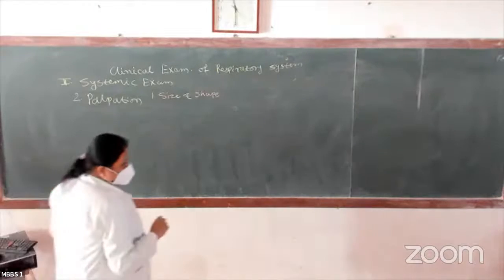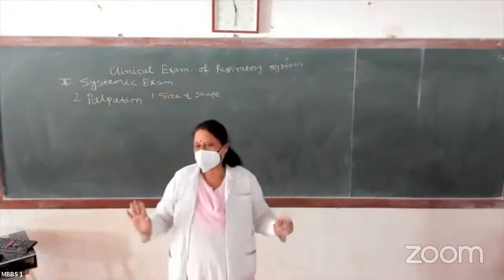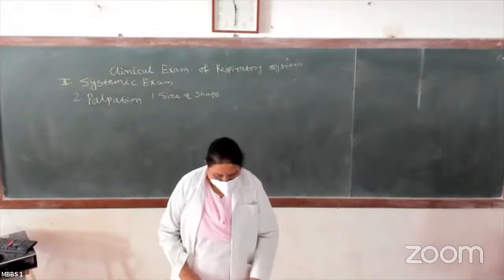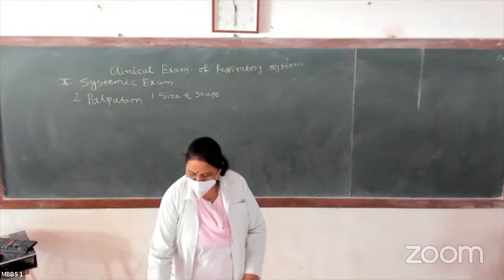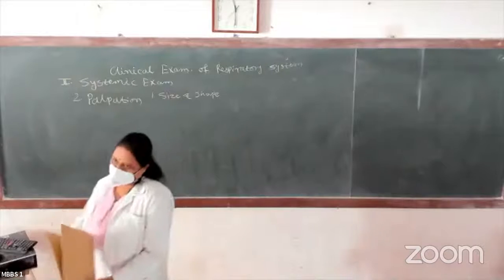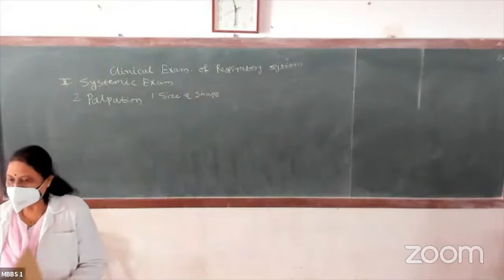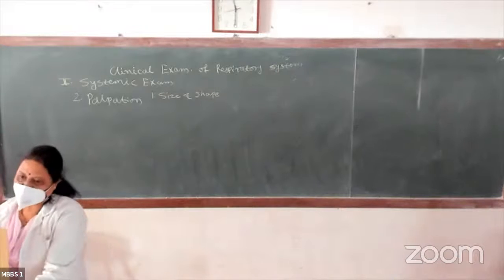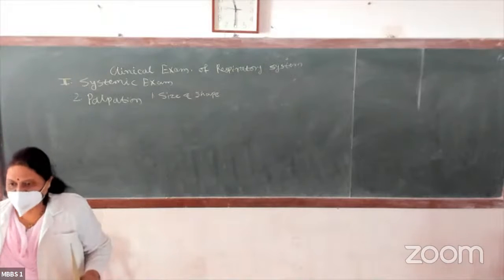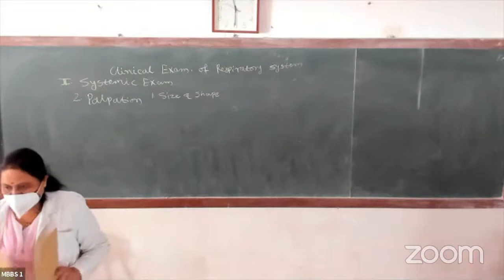Size and shape: now you confirm that the transverse diameter is more than the anteroposterior diameter. How to confirm it? You measure the anteroposterior diameter and the transverse diameter with the help of these two cardboards. Ask the subject to hold these cardboards in the axilla, this side and this side, and measure the distance.